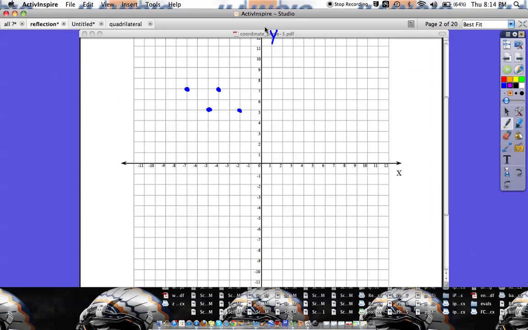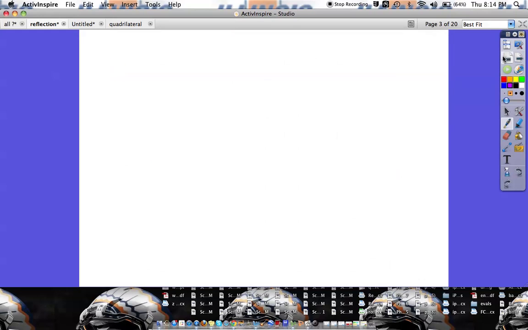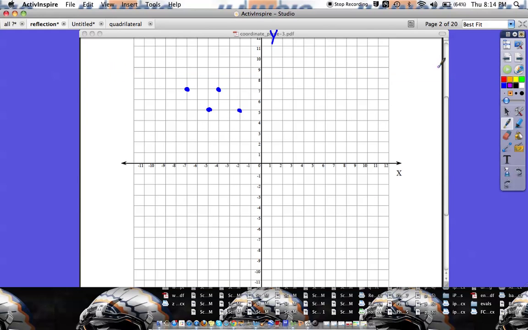All right, the first one we're going to talk about is just reflecting it over the x-axis and the y-axis. Okay, it's pretty simple. The x-axis is like this, the y-axis is like this, and here's our shape. Okay, I'm just going to start with one of the points in the shape right here. And if I were to reflect this over, let's start with the y-axis. The y-axis is the vertical axis.